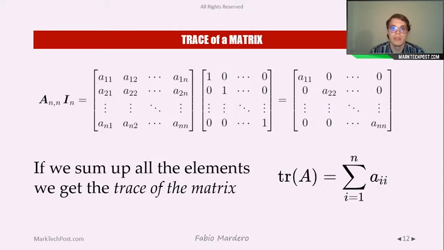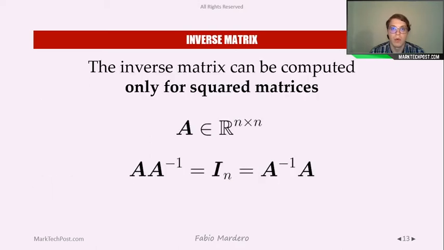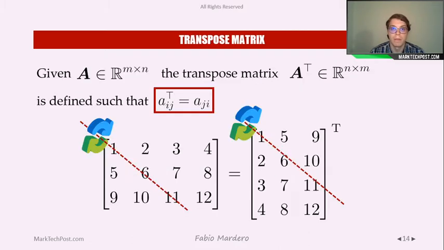We have defined the trace of a matrix, which is the sum of the diagonal terms. We have also defined the inverse matrix, which can be computed only for square matrices, and the original matrix multiplied by the inverse matrix returns the identity matrix.